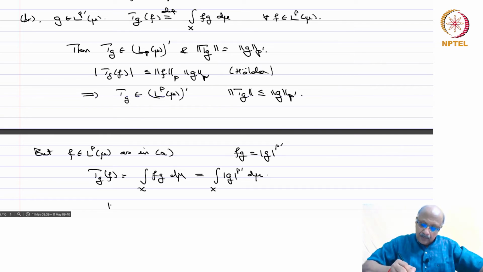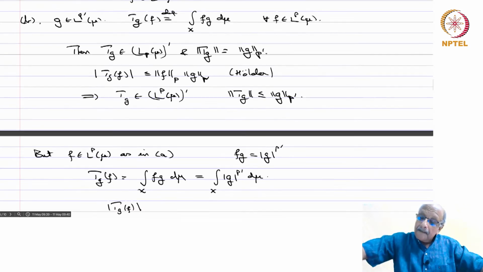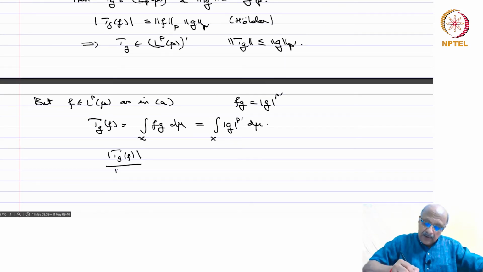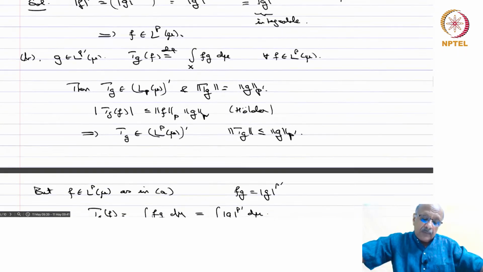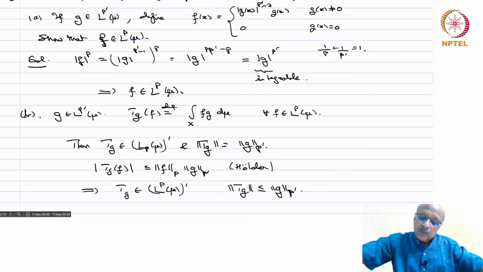So mod of T_g(f) by norm f_p is equal to integral of mod g to the p dash d mu over X by norm f_p. What is norm f_p? Norm f is the integral of mod f power p, to the power 1 by p, but mod f power p we already know is mod g power p dash.